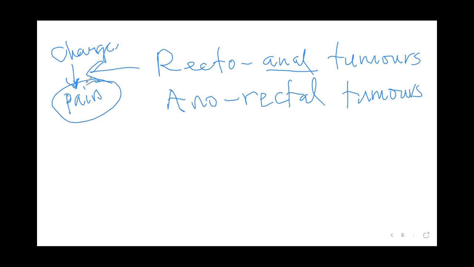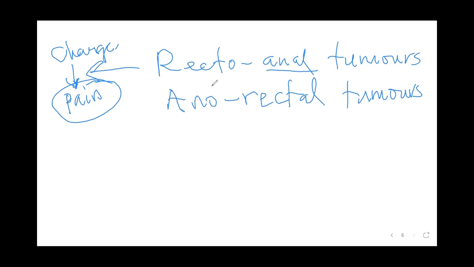So it is a rectoanal tumor. During your discussion with the examiner, he asks you, how do you differentiate whether this tumor started from the rectum or from the anal canal? You will tell your examiner that it started with features of obstruction and later he developed pain. That signifies that it's a rectoanal tumor.